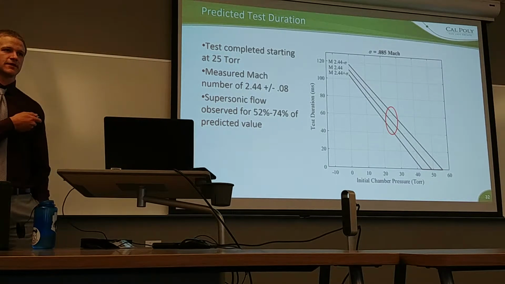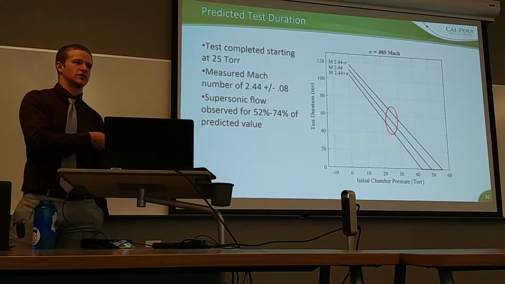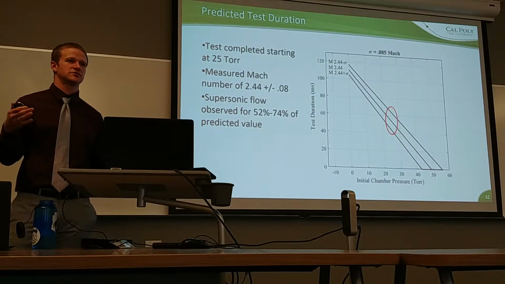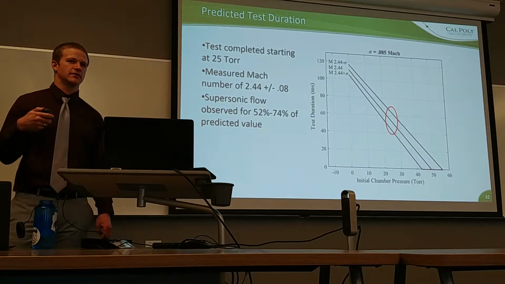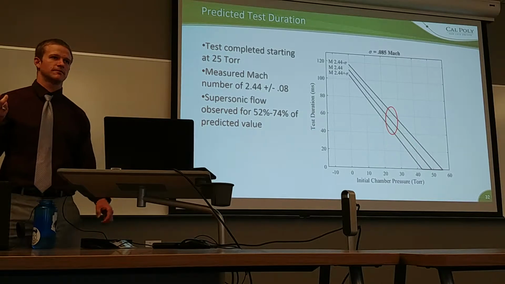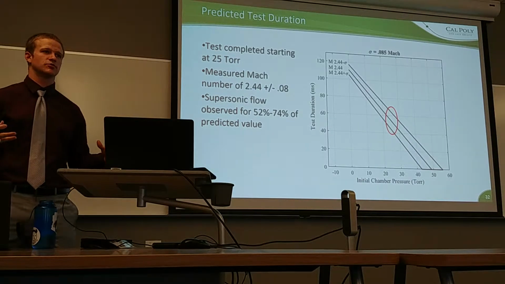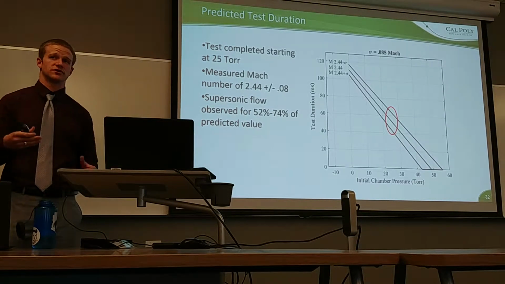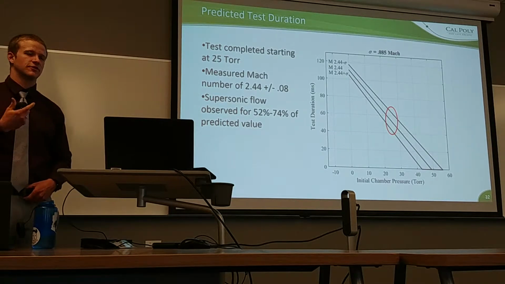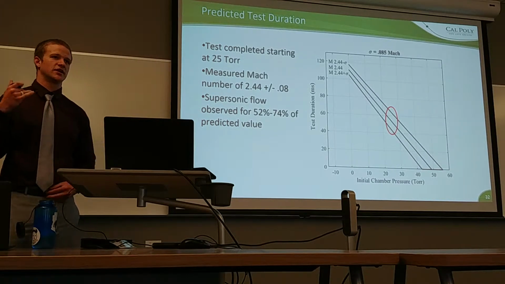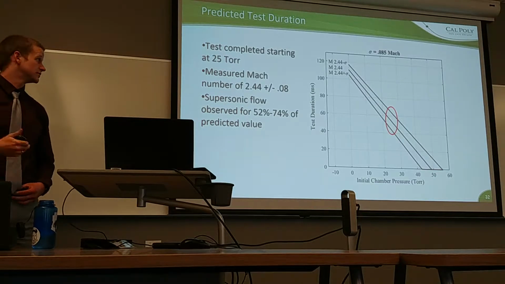The test that video was from started at a chamber pressure of 25 torr. The higher the chamber pressure at the start of the test, the shorter the test duration, because with the same mass flow rate, the pressure that unstarts the nozzle will come sooner.